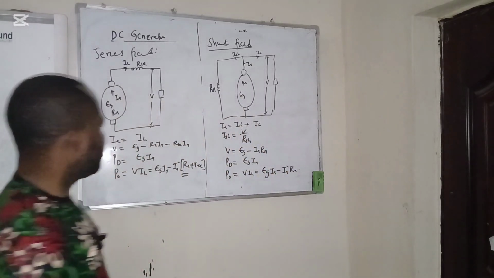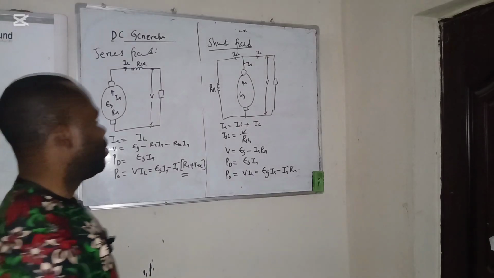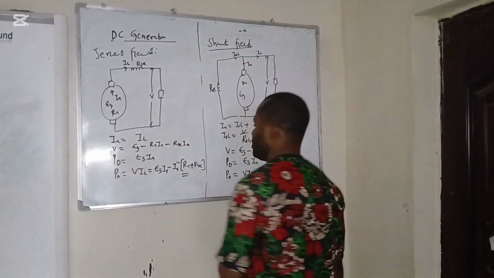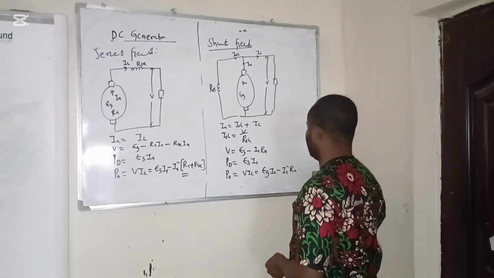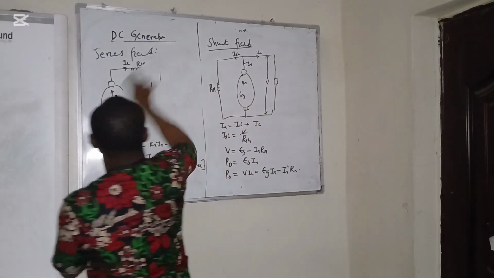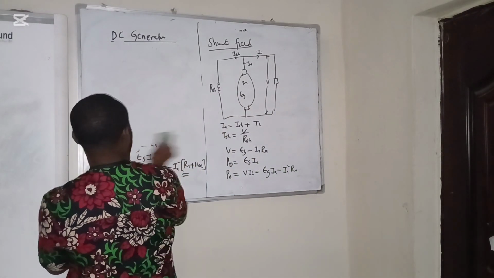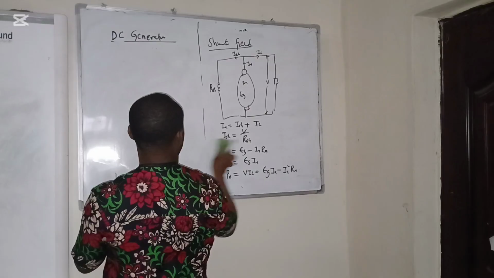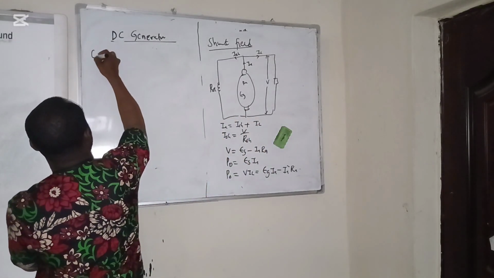So that is the circuitry analysis with the equation of the shunt field excited DC generator.